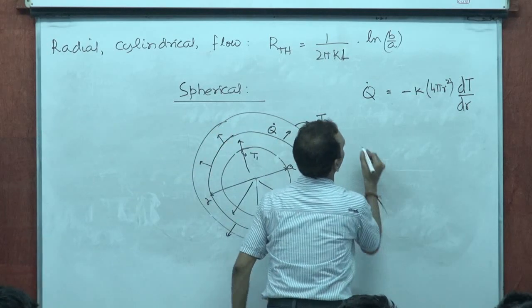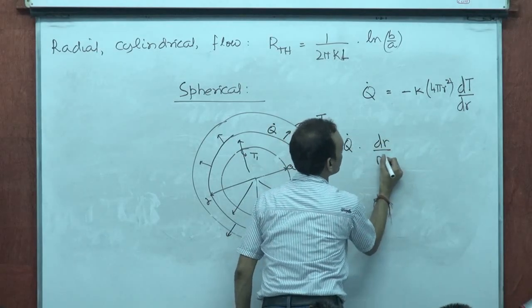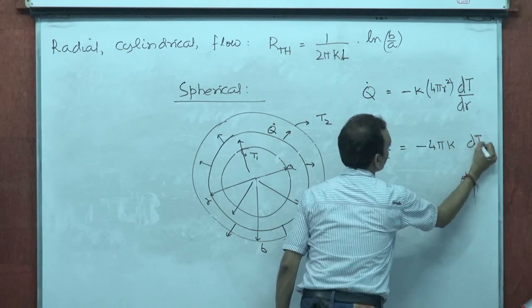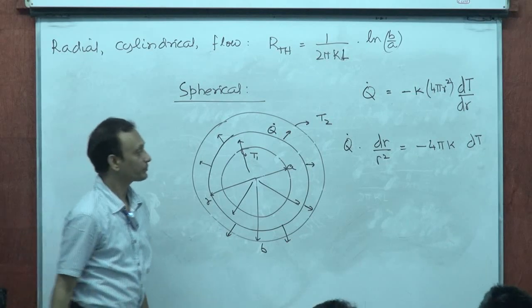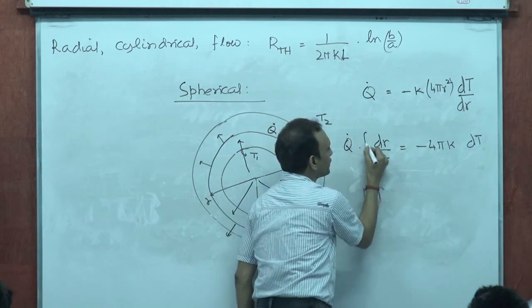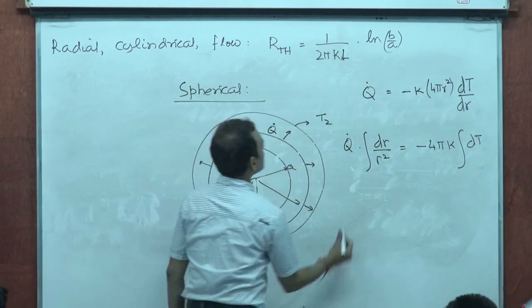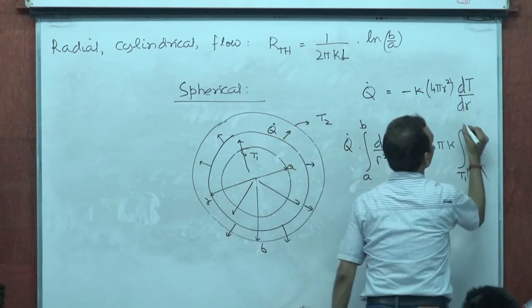Again, Q dot into dr by r squared is minus 4 pi k dT, right? Q dot is the same under steady state conditions, so it will come out of the integral sign. This r varies from a to b, T varies from T1 to T2.